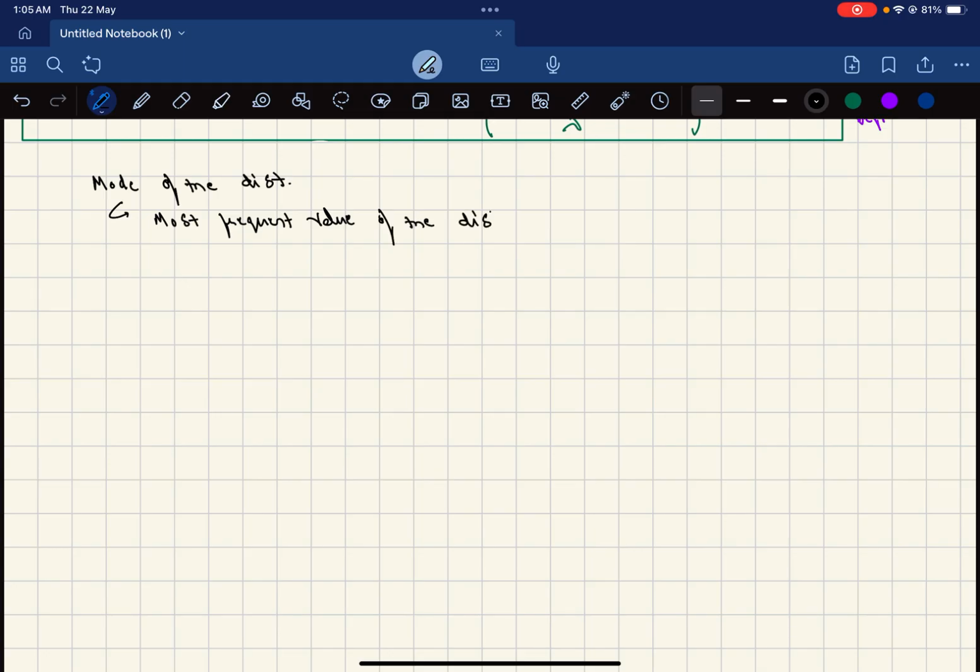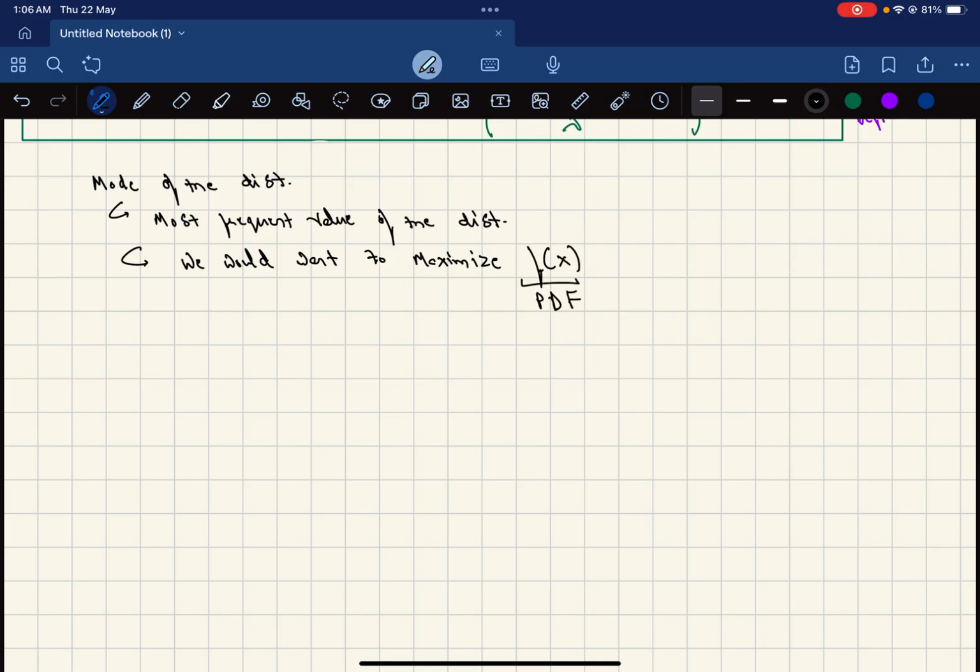Since this is the most frequent value, we would want to maximize the probability of that value to occur. Most frequent value means it occurs the most number of times, and therefore the probability of occurrence of that value should be maximized.